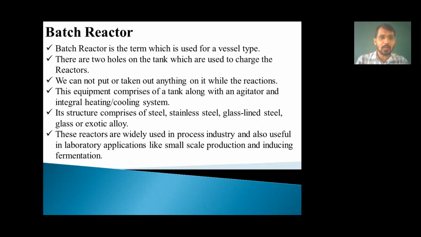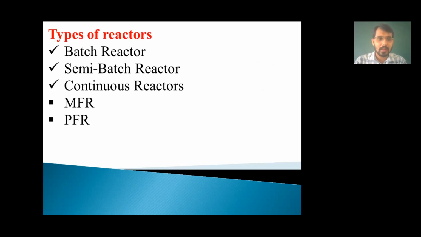The next point about batch reactor is there are two holes on the tank which are used to charge the reactor. After that, there is one difference between batch reactor and semi-batch reactor. This is a batch reactor and there is another type, the semi-batch reactor.